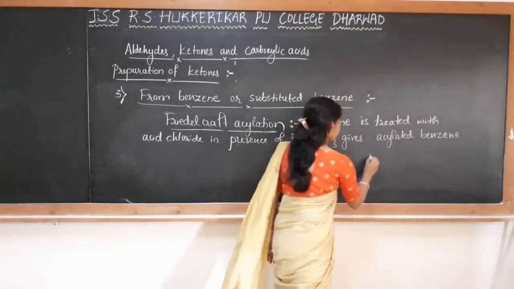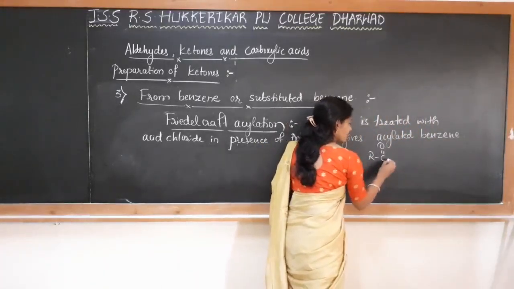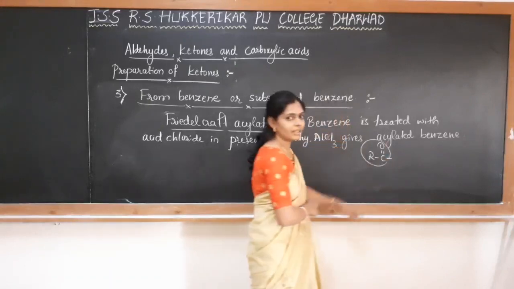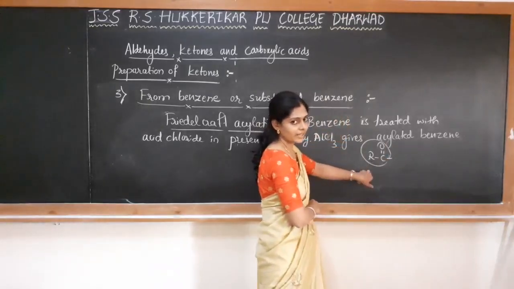The acyl group is nothing but this RCO group, which is inserted in the ring. That is called acylation.